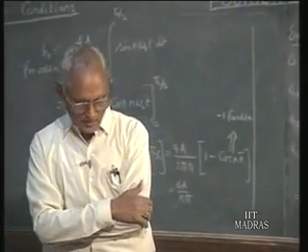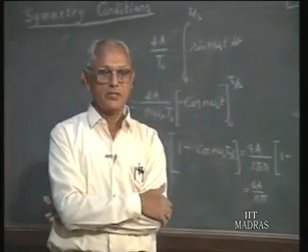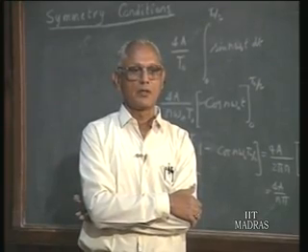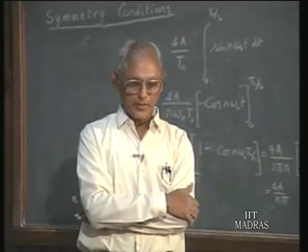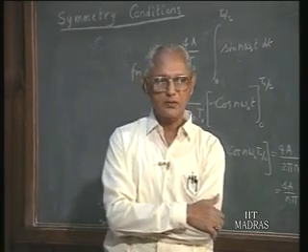There is another kind of symmetry which we mentioned in passing, that is when the function repeats itself identically for every half cycle. In that case, only the even ordered harmonics are present, that means the second harmonic, fourth harmonic, and so on.